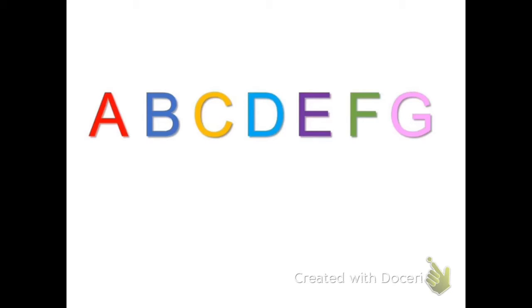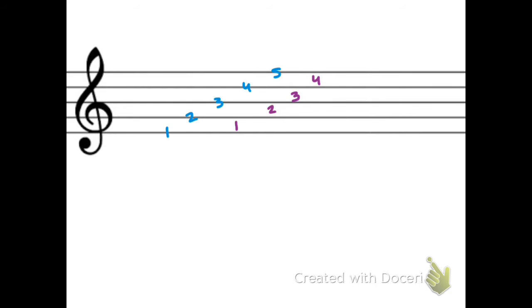I know, it's the first 7 letters of the alphabet, but these letters represent music notes. Right now they don't look like music notes, they look like letters. So what do music notes look like? Before I show you what they look like, I'm going to show you where they live. So this is called a music staff.